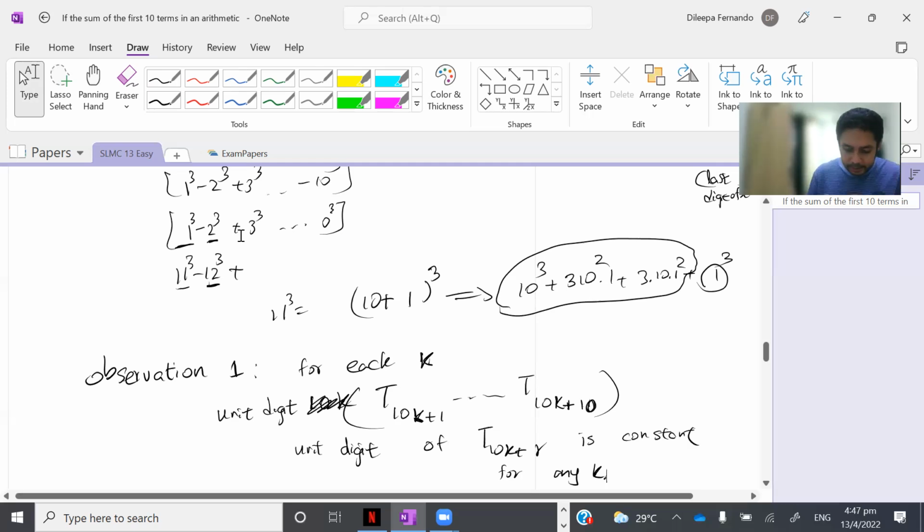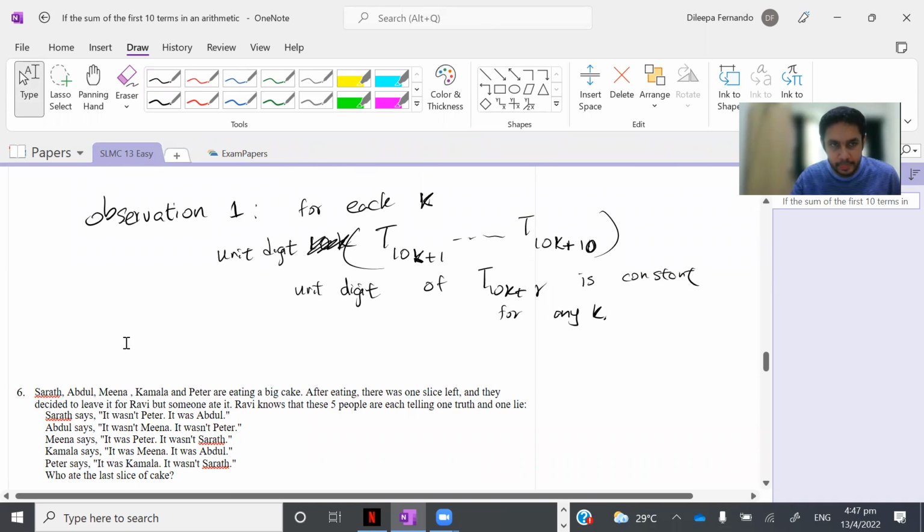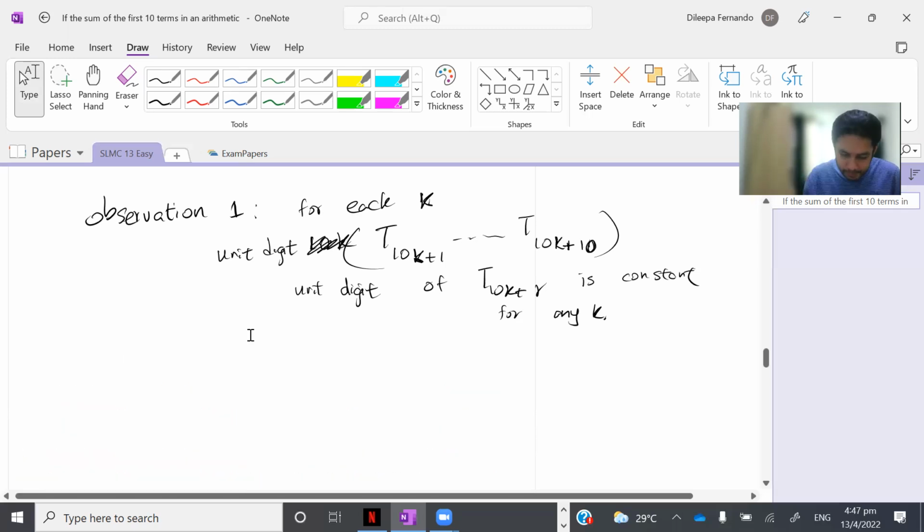So you can see that the unit digit of this summation is S, and the unit digit of this summation is also S. And the unit digit of the full summation is how many S you have, right?